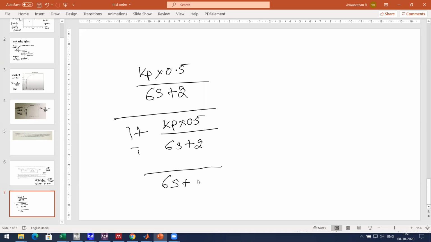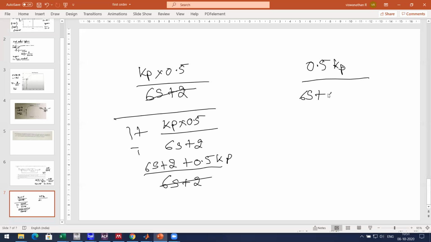This would be 6s plus 2 plus 0.5 Kp. This term and this term get cancelled. We'll be left with 0.5 Kp divided by 6s plus 2 plus 0.5 times Kp. So this is the closed loop transfer function.